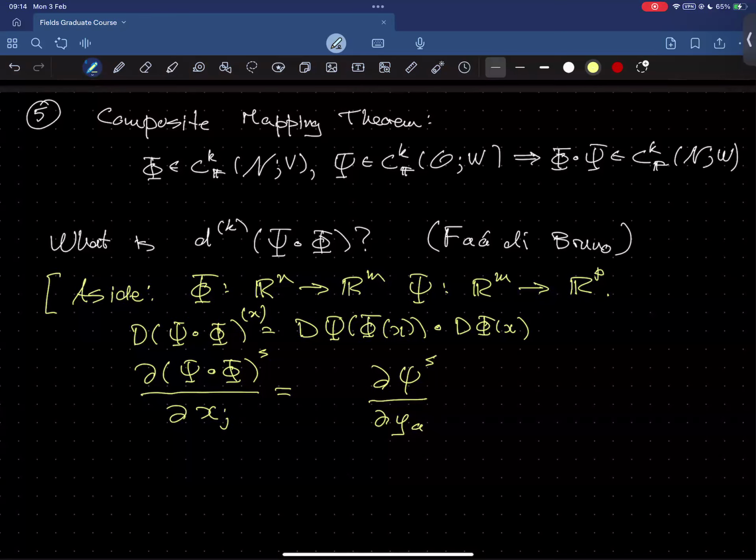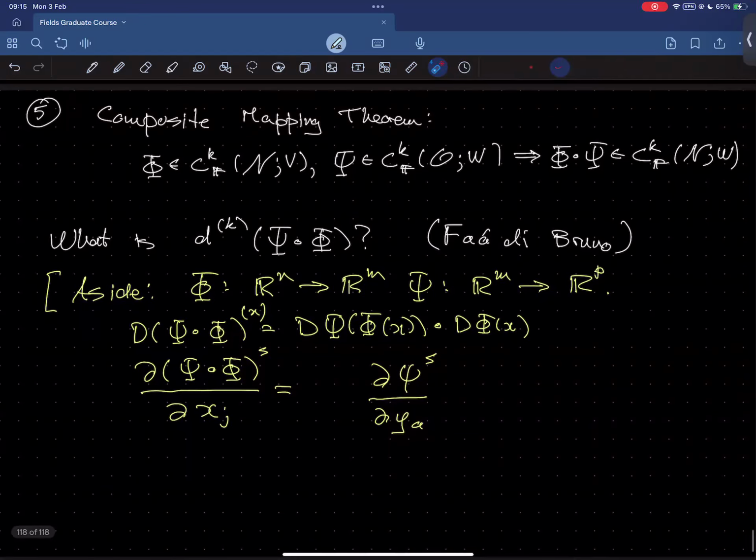And then I have the Jacobian for phi. I'm going to make my life simpler and leave off these arguments here, just write the partial derivatives.